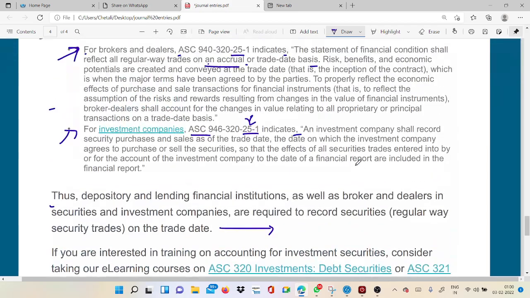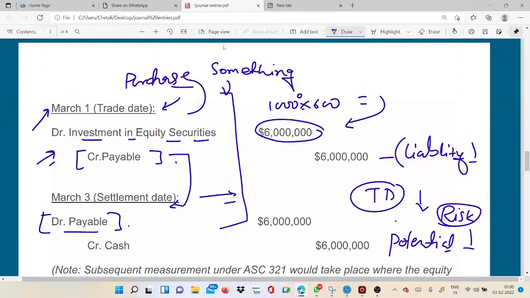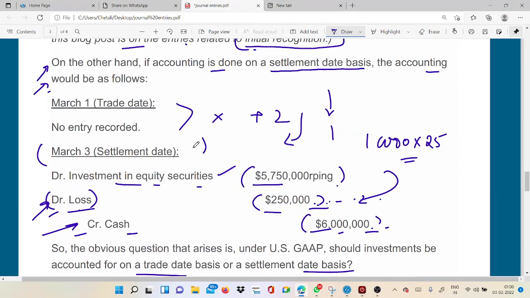Okay, so here we are done with this. The important thing is this entry, you can write it down somewhere, and when someone asks what would be the entry on a settlement date and what would be the entry on a trade date, you can provide this reference. If the interviewers or the panel are not agreeing to a statement, you can refer to these terms as well.